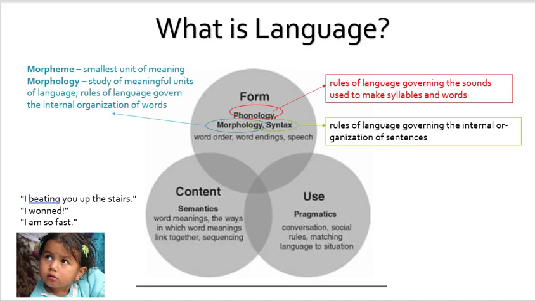In her utterances, she uses 3 simple sentences. The first one contains a prepositional phrase, "up the stairs." She uses various parts of speech like nouns, for example, stairs, pronouns like I. She uses adverbs like so, and verbs like beating or won.